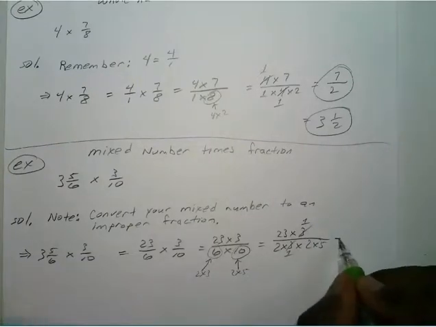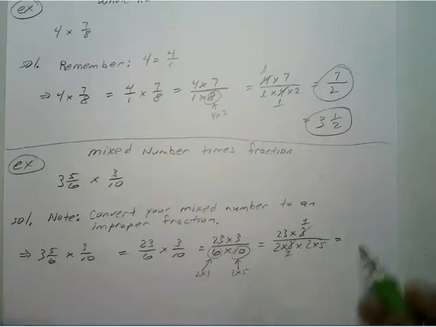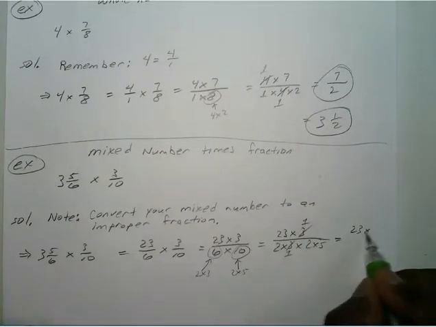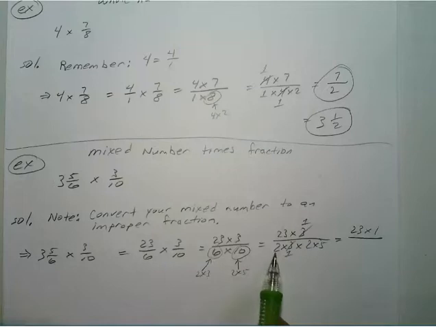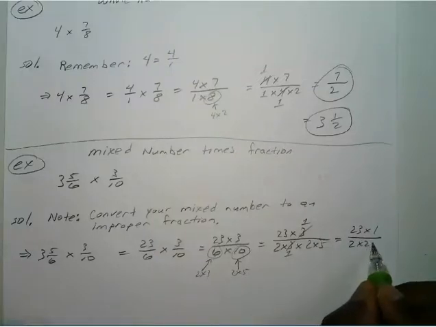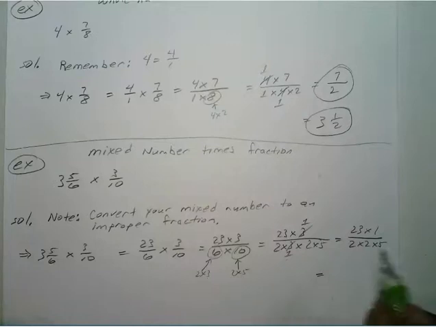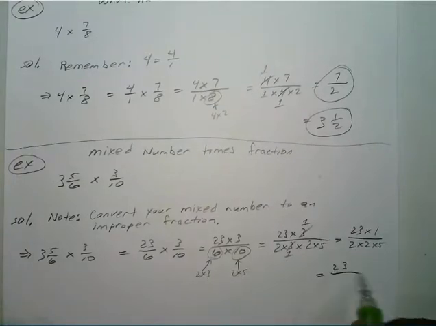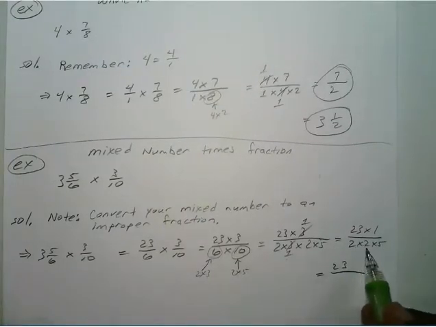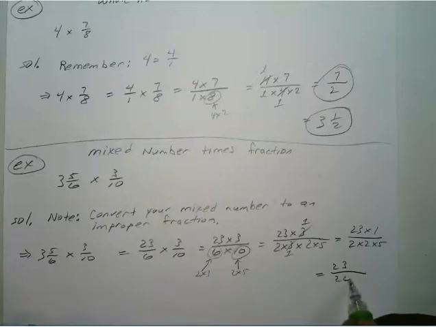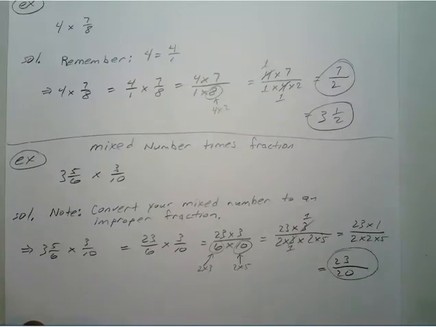So that leaves us with 23 times 1 over 2 times 2 times 5. We don't have to worry about the 1 here if you don't want to. And that gives 23 over 2 times 2 is 4, 4 times 5 is 20. And if we wanted to write that as a mixed number, it would be 1 and 3/20.